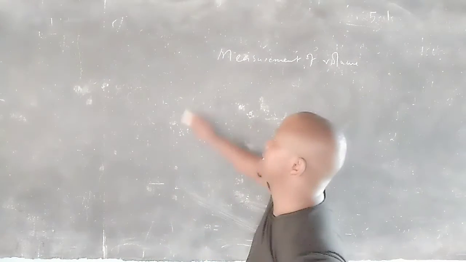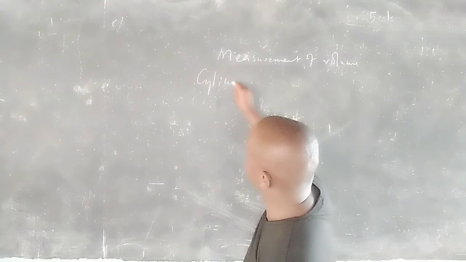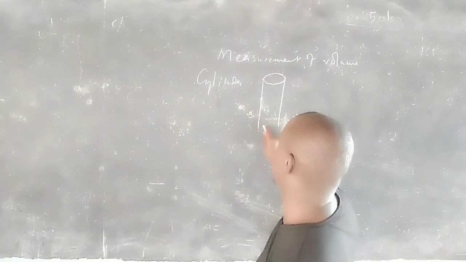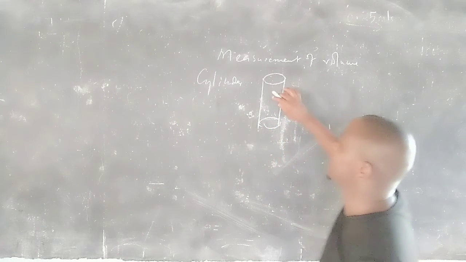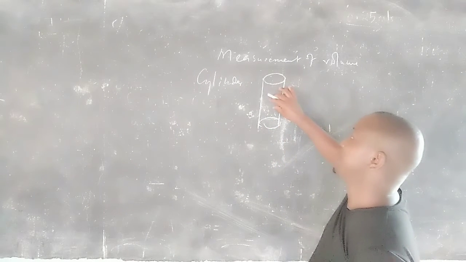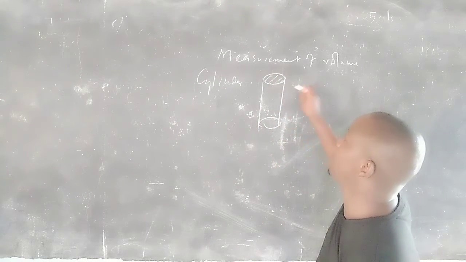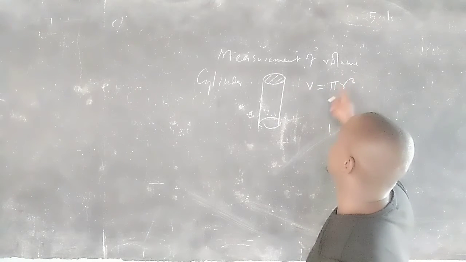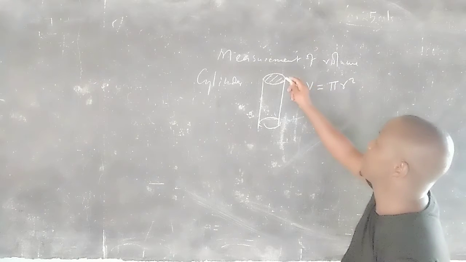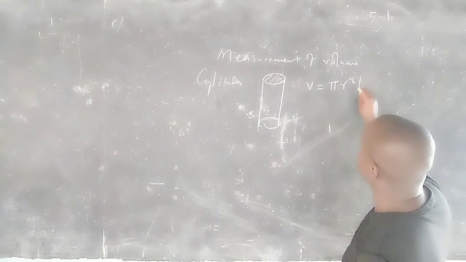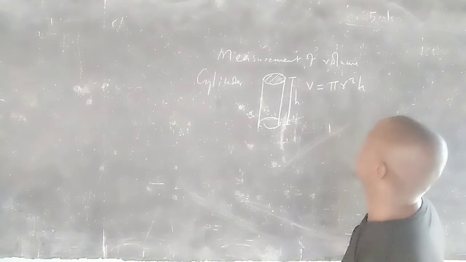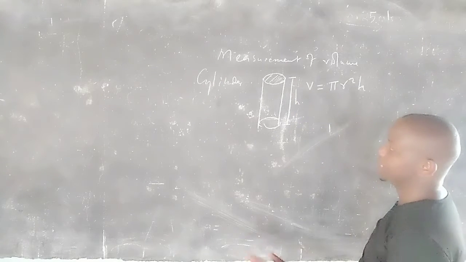For example, if it's a cylinder, everybody knows a cylinder is of this shape. Therefore, to get the volume of a cylinder, we use a formula. Volume is given by pi r squared, which is the cross-sectional area, times the height of the solid called a cylinder.